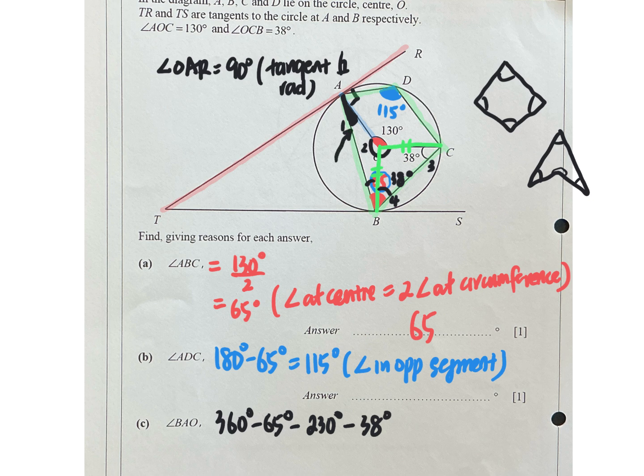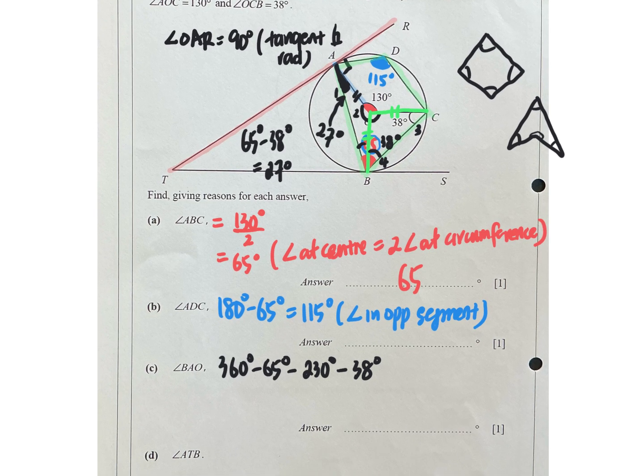If you use 65 minus the 38, you will get 27. So this 27 being isosceles with this one, this is also 27. In fact it's easier, because you don't need to go and find these right angles at a point.